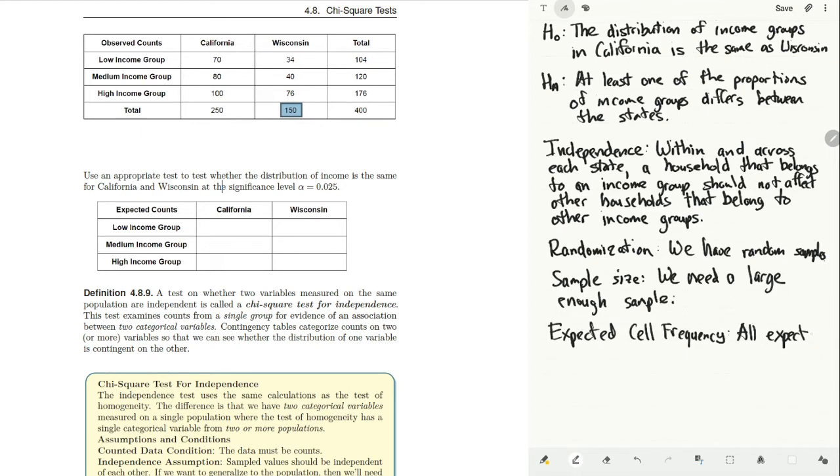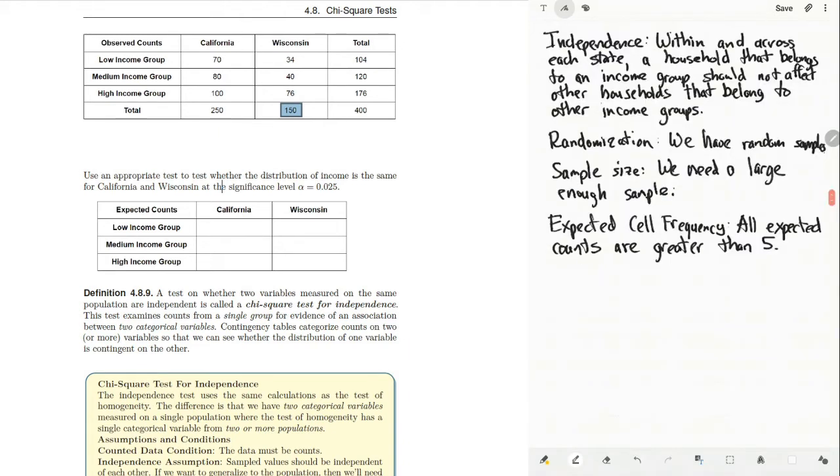And so the expected cell frequency condition is met. And we also have the counted data condition. And so all of the values in our table are in counts. And so this condition is met.